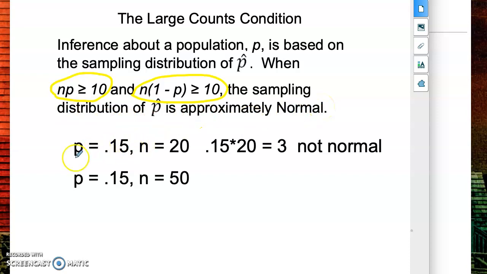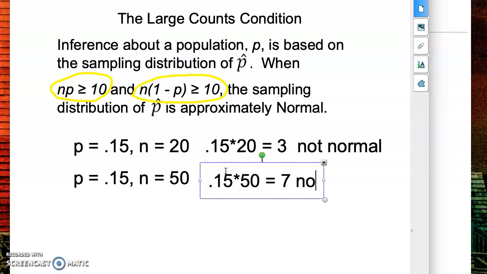So in our examples, when p was equal to 0.15 and n was 20, then np was 3, and we got something that wasn't normal. When p was 0.15 and n was 50, then 0.15 times 50 is 7, still less than 10, still not normal.